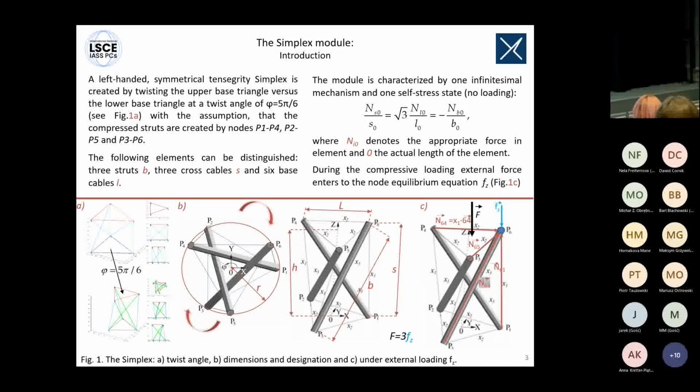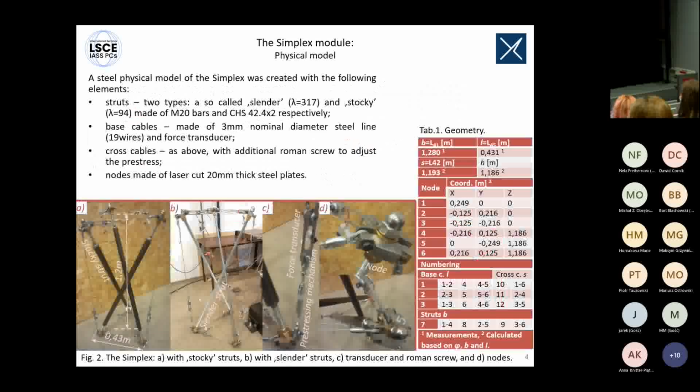Of course, in this test, we also have to consider the external loading F. This is the picture of the physical model, which was tested. It is approximately 1.2 meters high and 50 centimeters in diameter.